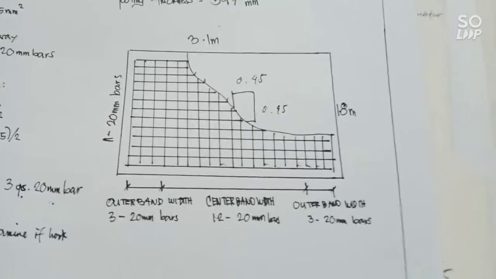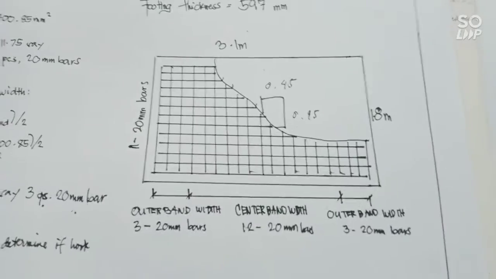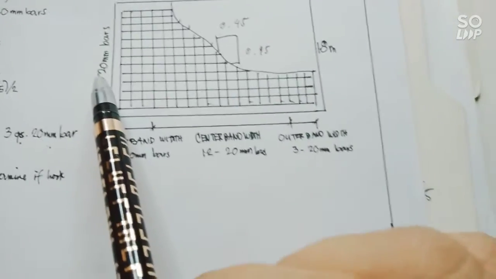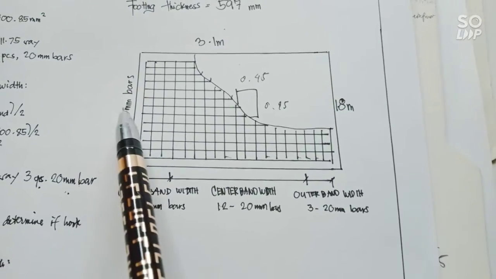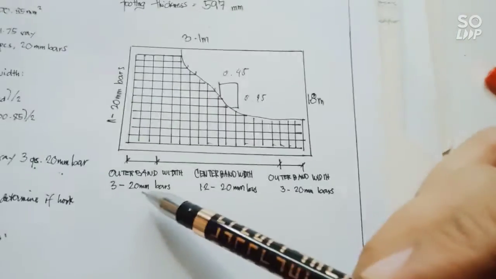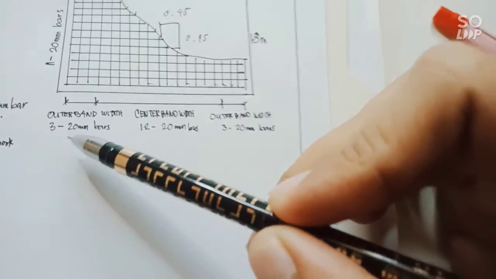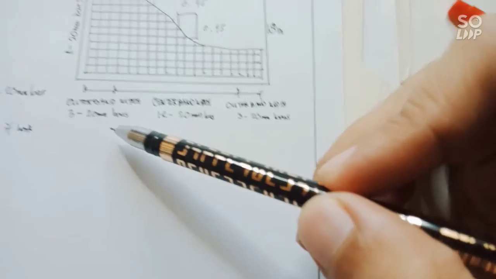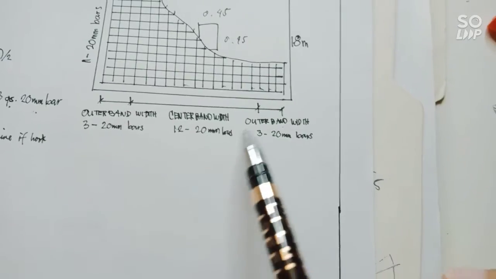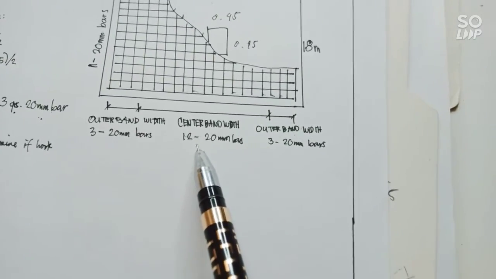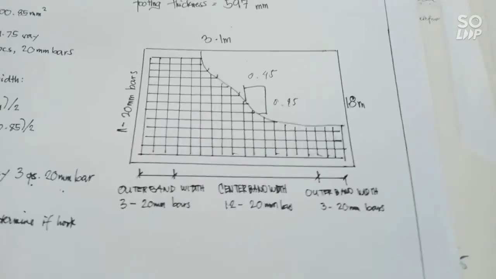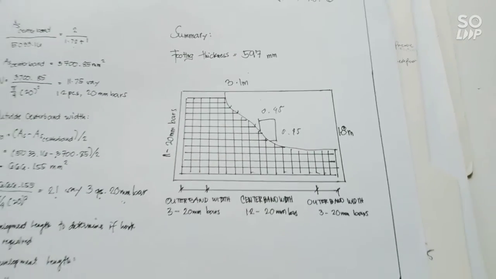And our top bars, I mean the bottom bars, we have 11 pieces of 20 millimeter diameter reinforcement steel bars, and the outer bandwidth, we have 3 pieces of 20 millimeter diameter steel reinforcement bars. And the center bandwidth, we have 12 pieces of 20 millimeter diameter steel bars. So thank you for listening.